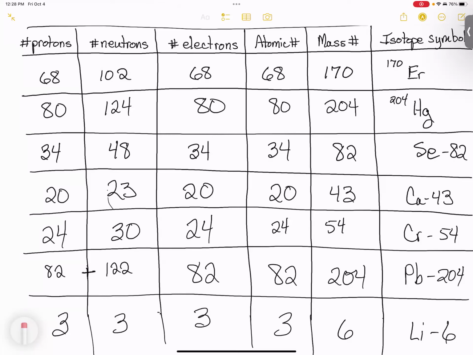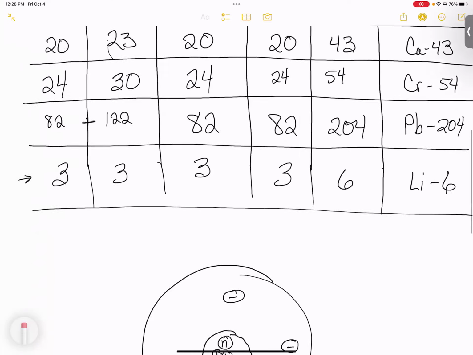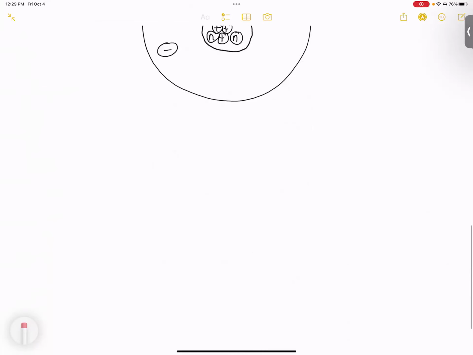Okay. We have one more thing left that's going to be on the exam, and we're going to be doing that on Monday. And that is calculating the average atomic mass.